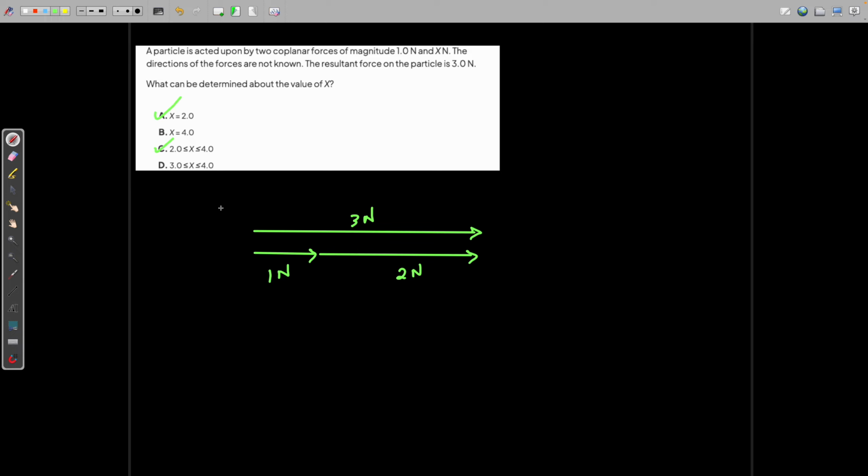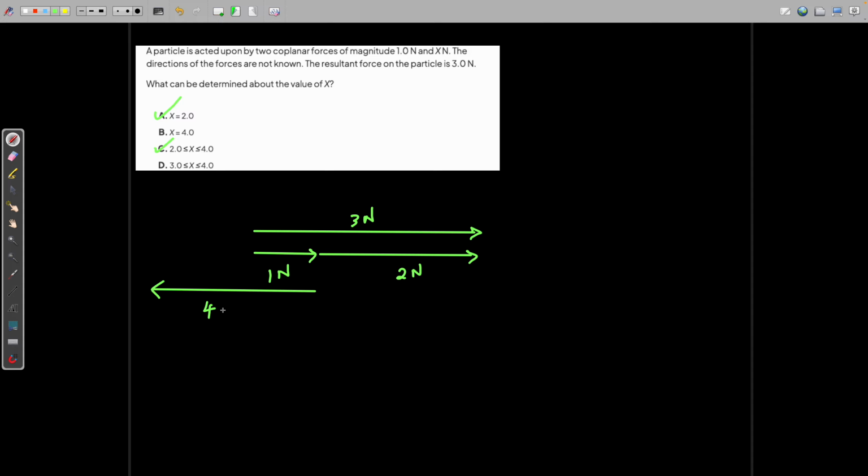The other case with the 4: you're trying to make 3 newtons, so you have, let's say, 1 newton to the right, but from that 1 newton you can also point this way with a vector of 4 newtons. So that would be the vector pointing this way, like that.